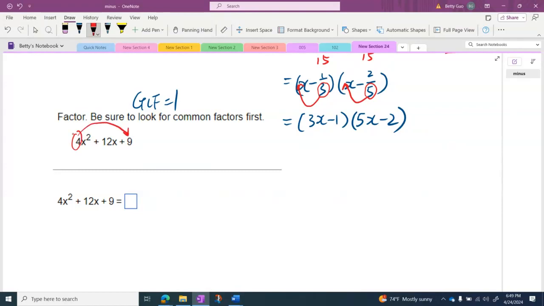Slide, divide, slide. Okay. So we're going to create a new trinomial, x squared plus 12x plus 4 times 9, 36. And then shortcut. We are looking for two numbers. They multiply to 36, add up to 12.